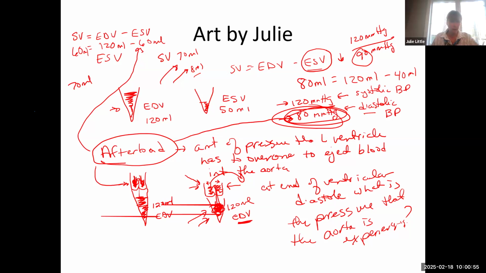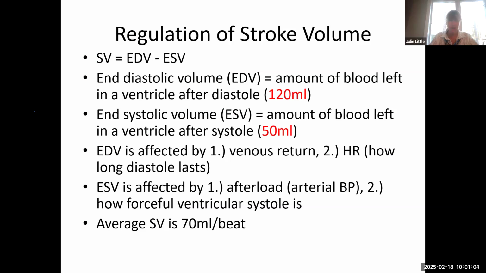This is stuff you have to play around with. In class, I give you a worksheet that I really want you to do because I think it will help you to understand how afterload affects all of this. It's overwhelming, but if you just know the equations and what they stand for, like end diastolic volume and end systolic volume, you can work through all of this.